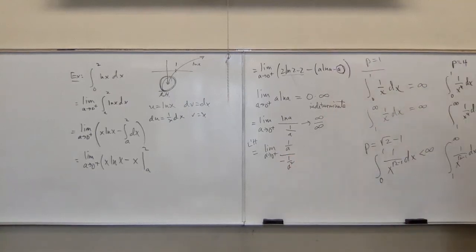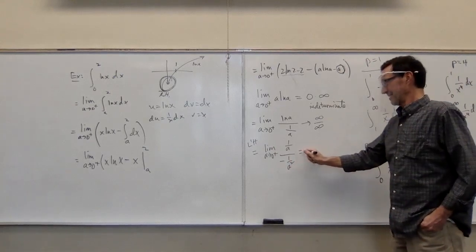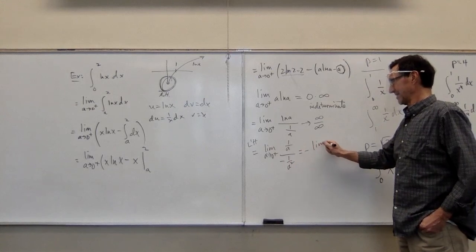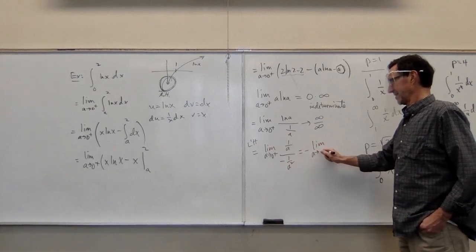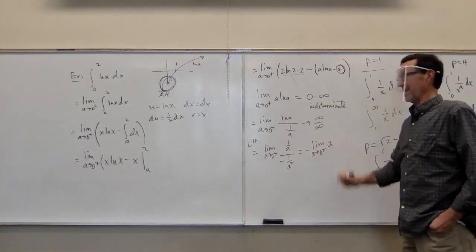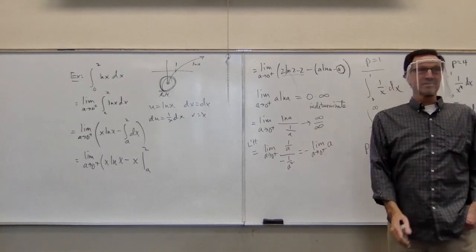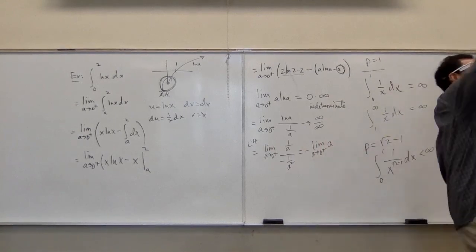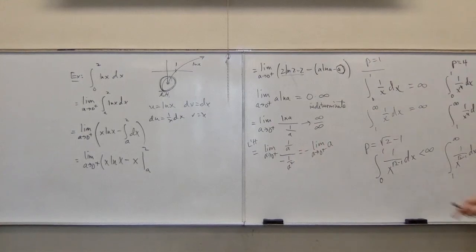1 over a in the numerator. Negative 1 over a squared in the denominator. Take the minus sign out. Simplify, we just get a. That a squared kicks up above, cancels out the a that's already there.